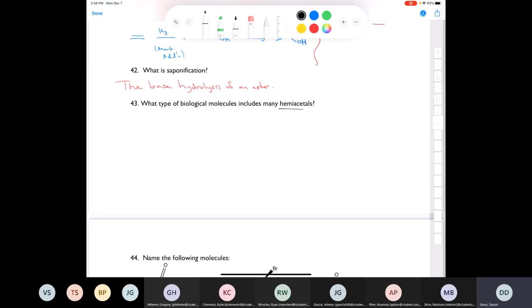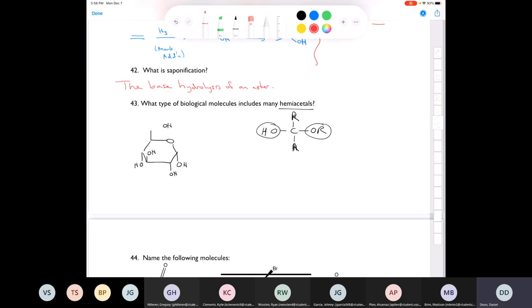Yeah, if you don't remember, let me show you. Okay, so first let's go over what a hemiacetal is, right? If you have a carbon and it's got an ether and a hydroxyl, okay, and the other groups could be hydrogens, doesn't matter. You could have a hydrogen, two hydrogen, right? These could be R groups, not important, okay? But you've got a hydroxyl and an ether on the same carbon. Well, where do we see that? We see that in a molecule, like let's say you have alpha D glucose, right?